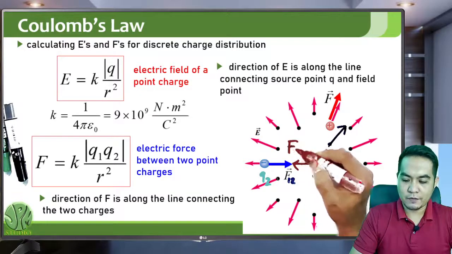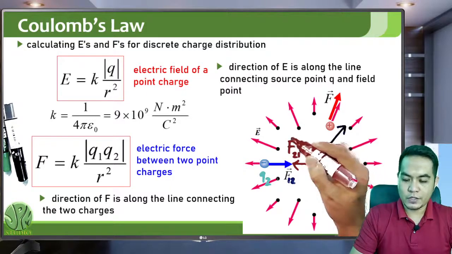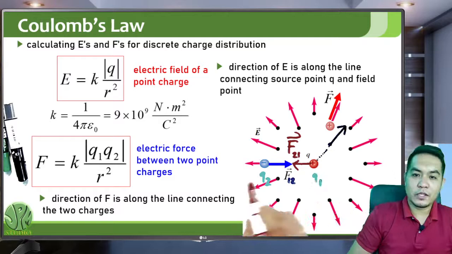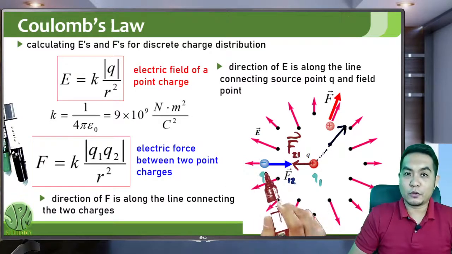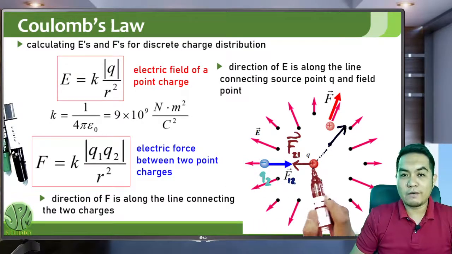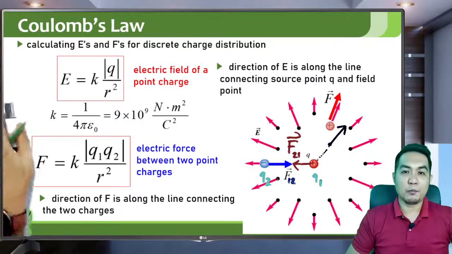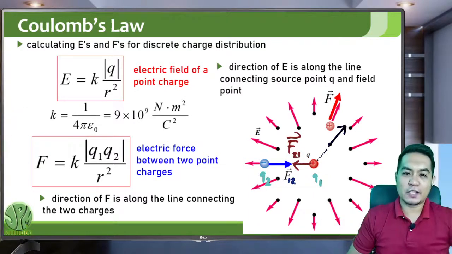This is F21, the force exerted by Q2 on Q1. Q2 will pull Q1 towards itself, so they are pulling each other towards themselves, hence you have an attraction.